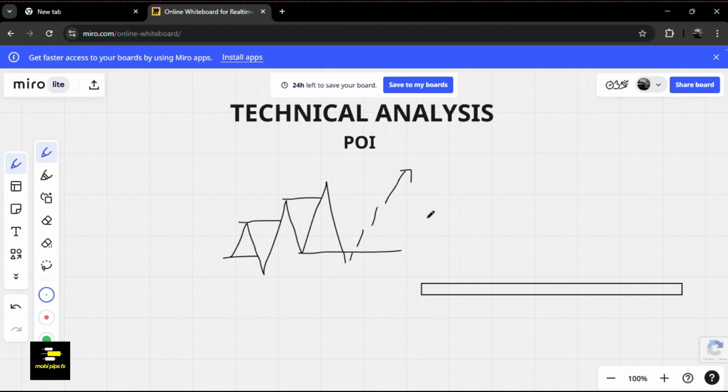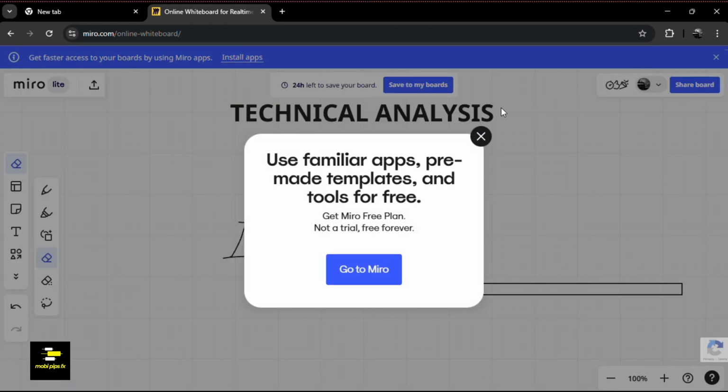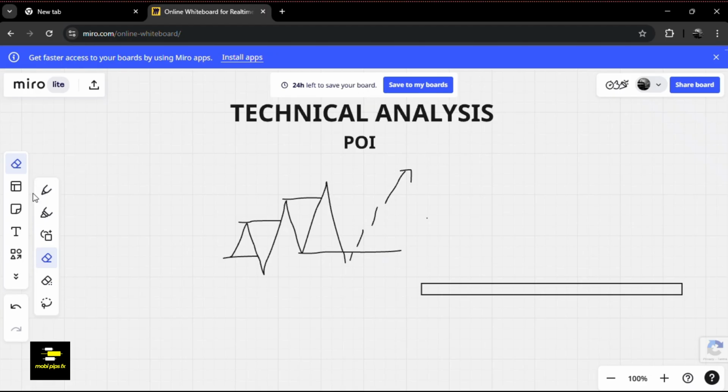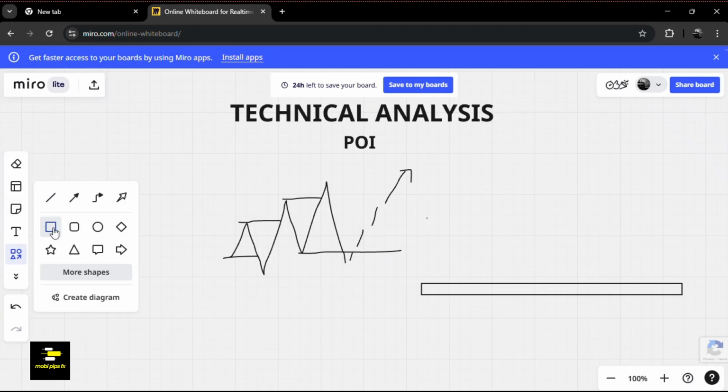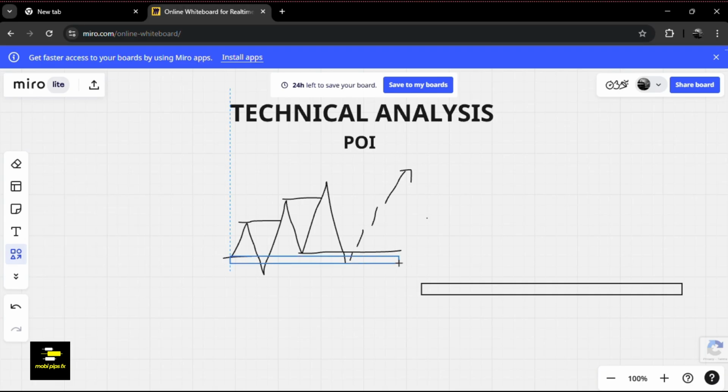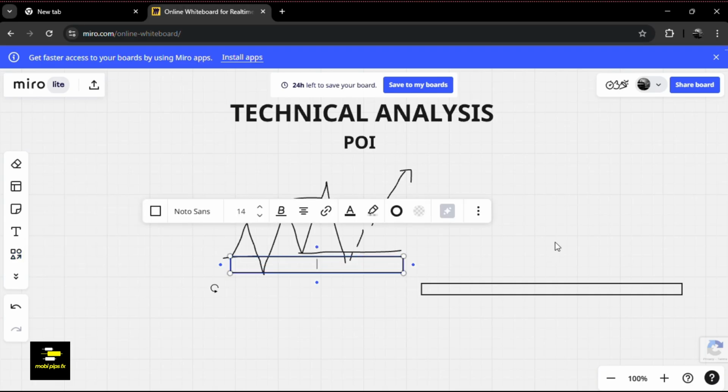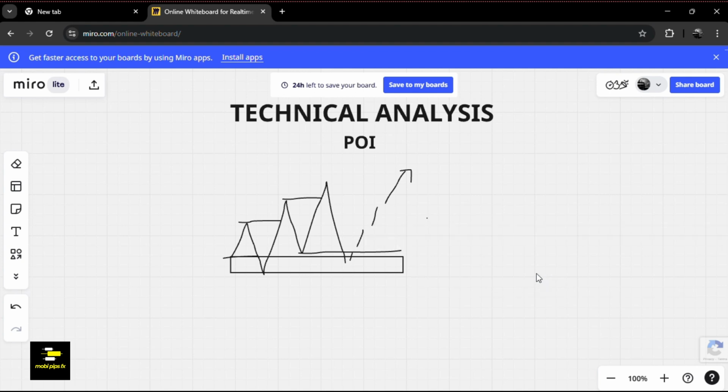So looking at this, we get to know that our area here, that area there is our point of interest.